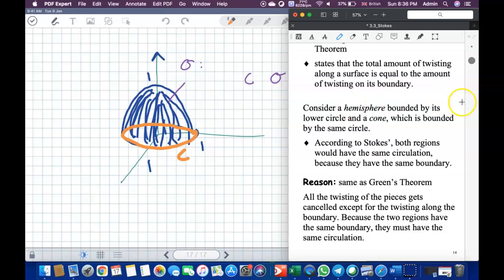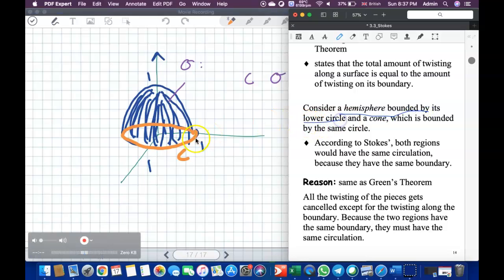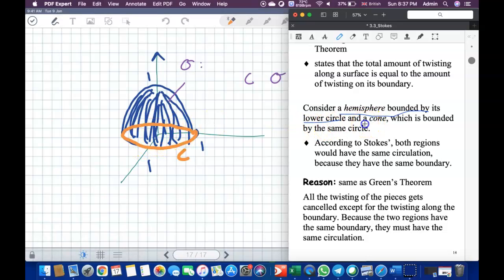As mentioned here, consider a hemisphere bounded by its lower circle, and at the same time we have a cone. Let's say I use a different color. I have a cone, concave down, or maybe a cone concave up like that.